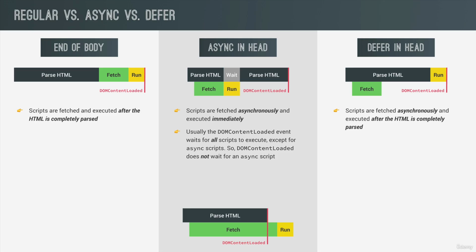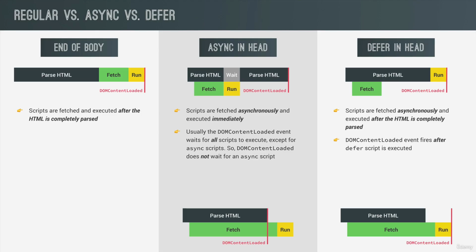Now using defer, on the other hand, forces the DOM content loaded event to only get fired after the whole script has been downloaded and executed. And so this is the more traditional way that this event works. Another very important aspect is that async scripts are not guaranteed to be executed in the exact order that they are declared in the code.